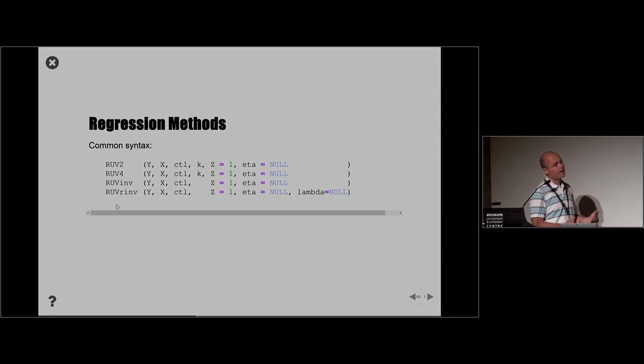They all estimate a W using the negative controls, and then regress Y onto X and W. So all of them, you need to give them the gene expression data, the Y, the factor of interest X, an index variable for which of the genes are the negative controls. For RUV2 and 4, you need to specify how many factors you want out of the factor analysis. And then there's some extra optional variables too that I will mention here in a second.